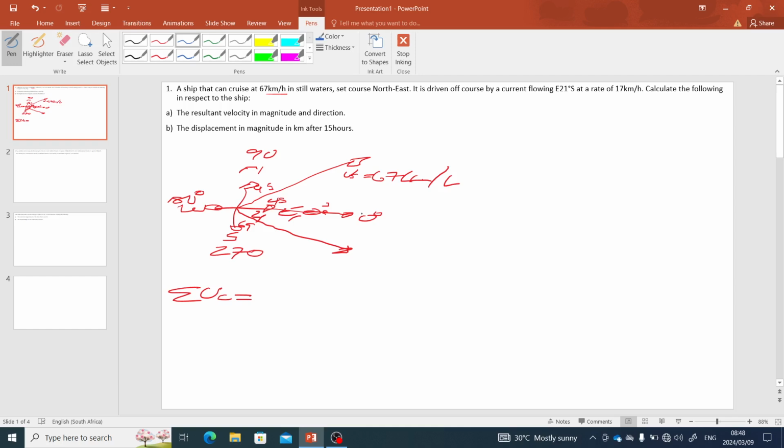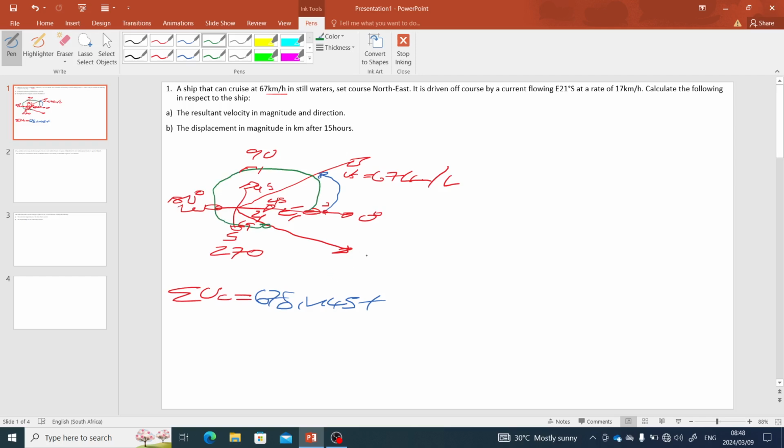Now, 0, boom. We found our first vector. The magnitude of it is 67. The position will be sine 45 plus. Then we start all over again. We look for another one, if we have 0, 90, 180, 270. Boom.